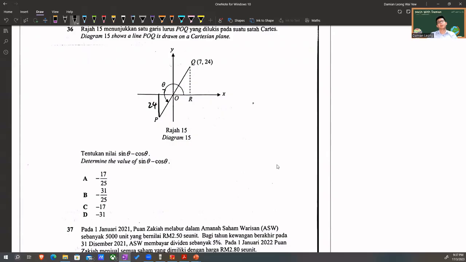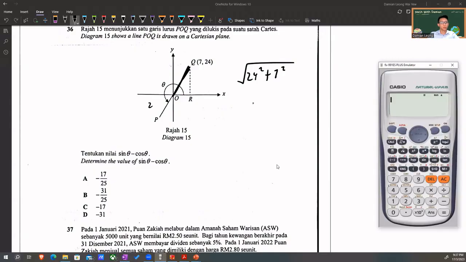So sine theta, use Pythagoras theorem to find this. Yeah, to find this, basically. 24 squared plus 7 squared, square root, which is 25.